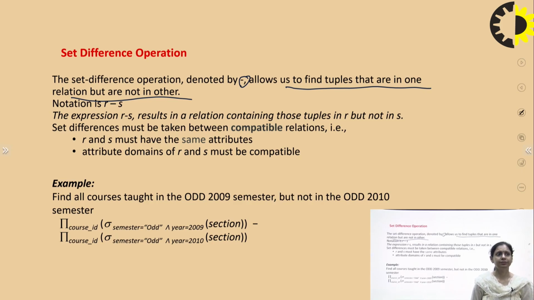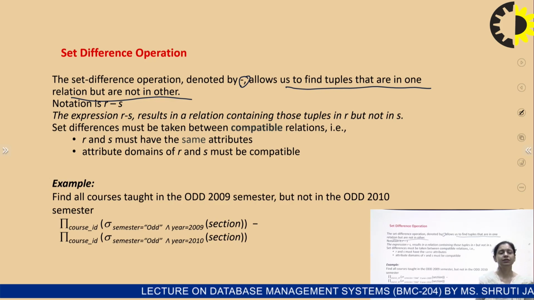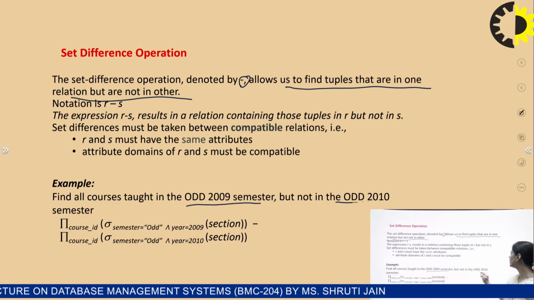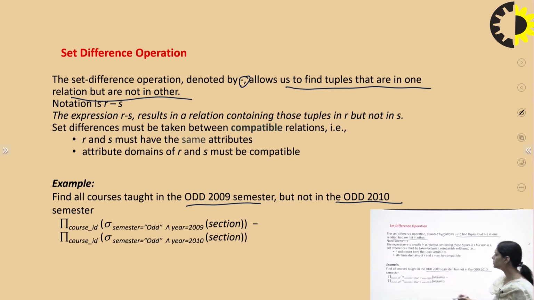Let's take an example. It says, you need to find out all those courses that were taught in the odd semester 2009 but not in odd semester 2010. So, that are there in 2009 but not in 2010, all those records or all those courses are to be displayed. Because we need to display only the courses, so we'll use the course IDs.